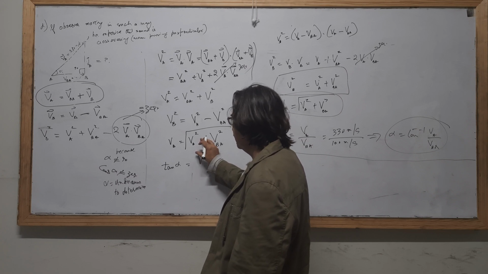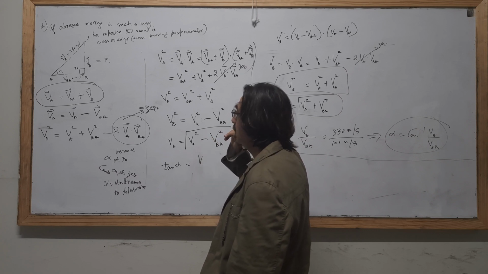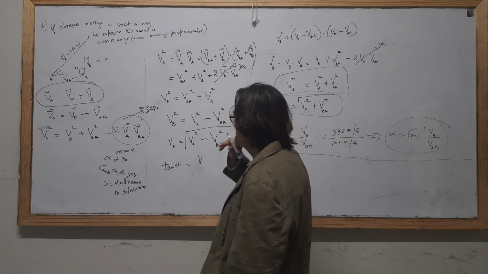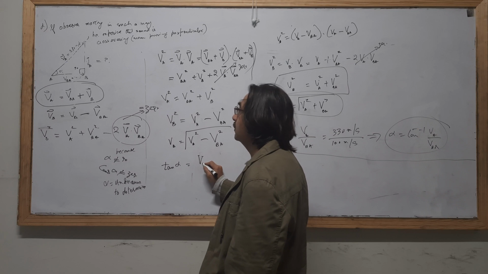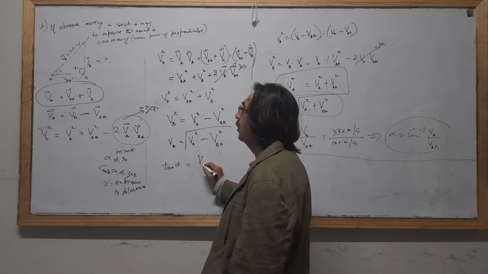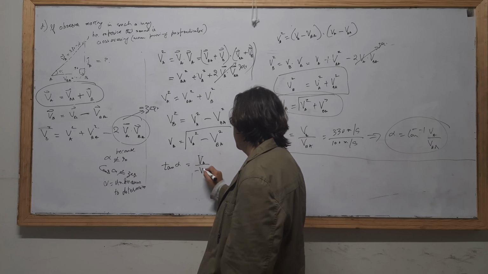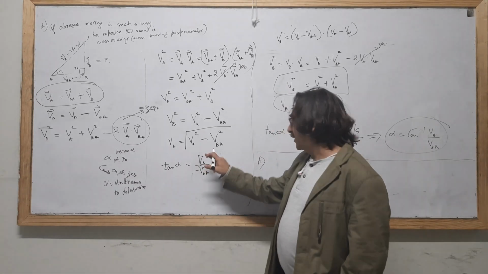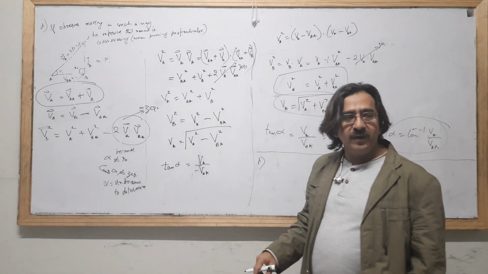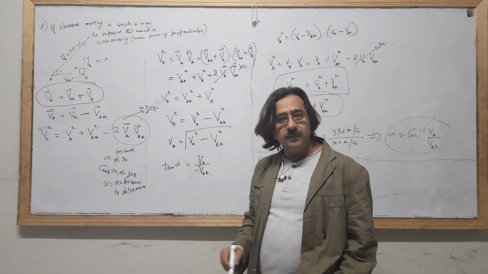We will find the velocity from here. First we find the velocity of B, then it will be divided, and we will find the angle alpha.